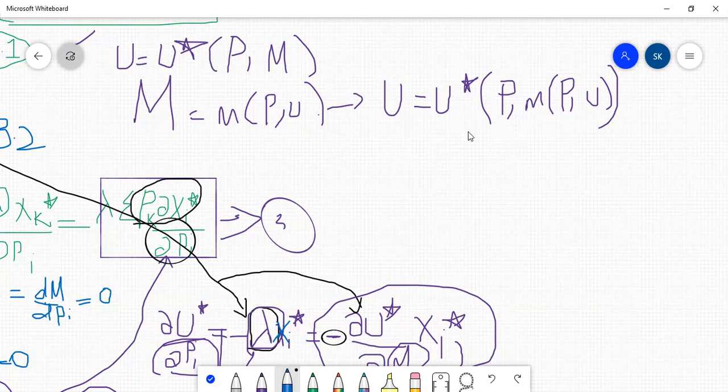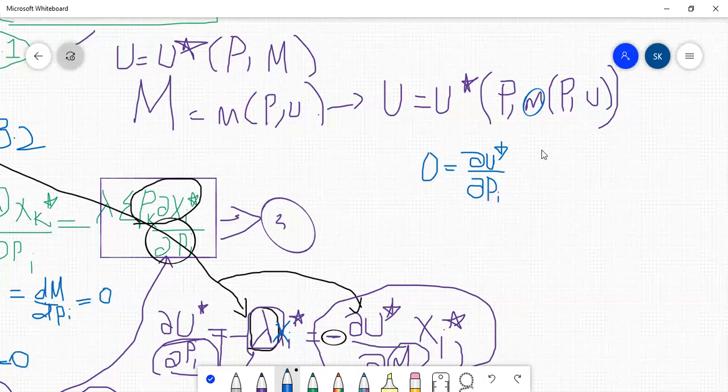If we differentiate with reference to Pi by allowing small m to vary in a way as to hold U constant, we will get 0 is equal to curly U star divided by curly Pi, plus curly U star divided by curly M multiplied by curly m for curly Pi.